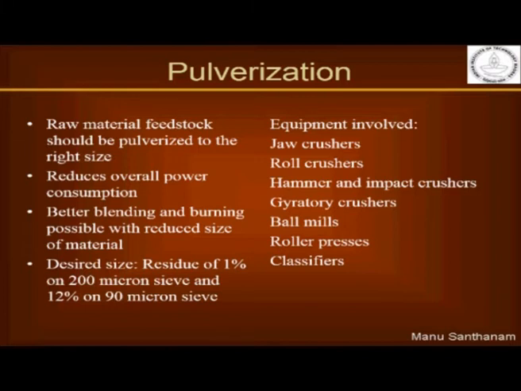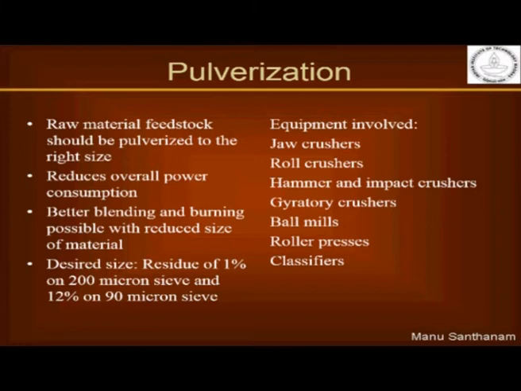We expect a residue of only 1% on a 200 micron sieve. We know that sand typically is of sizes between 4.75 millimeters and 150 microns, and very few particles are less than 150 microns. So we are already at a very fine sand scale when we are done with pulverizing the raw materials of cement.